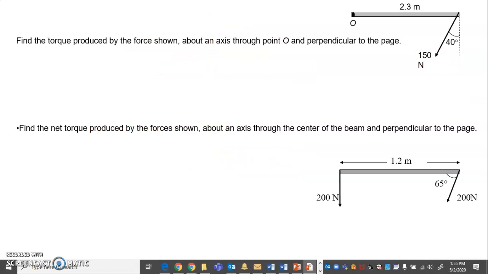Alright, now we have a couple more examples here. Find the torque produced by the force shown relative to this axis of rotation. So axis of rotation is going to get abbreviated a lot by AOR. So that's our axis of rotation, and so the torque is simply 150 newtons times 2.3 meters times the sine of, oh, you might be tempted to just jump in there and do 40 degrees.